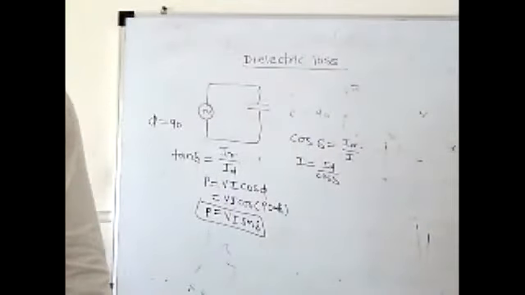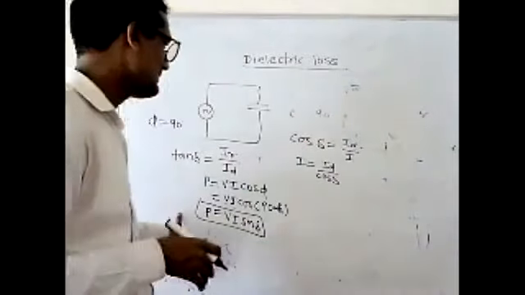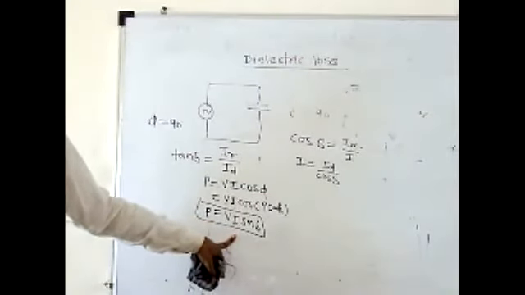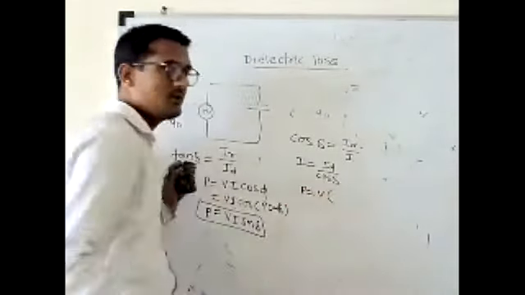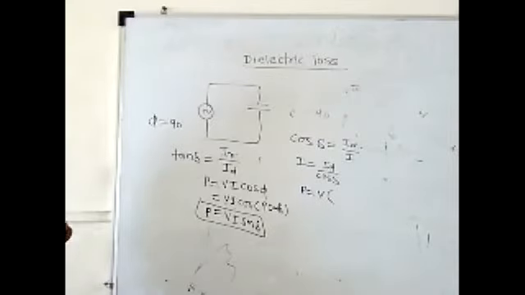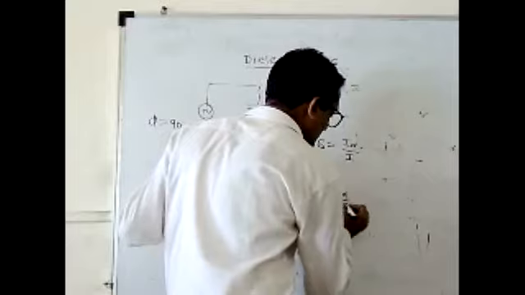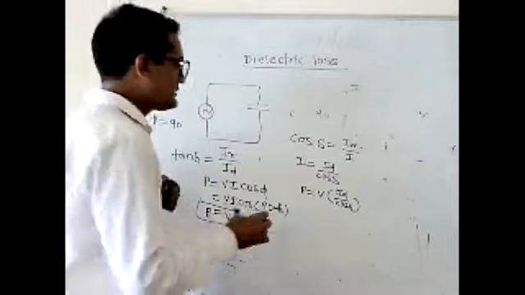Putting equation 3 in equation 1, that means putting the value of I in the power equation, we will get P equals V into ID upon cos delta, into sine delta.